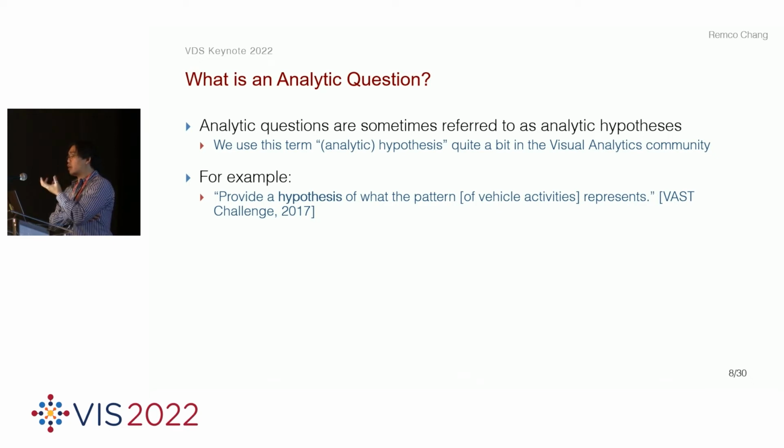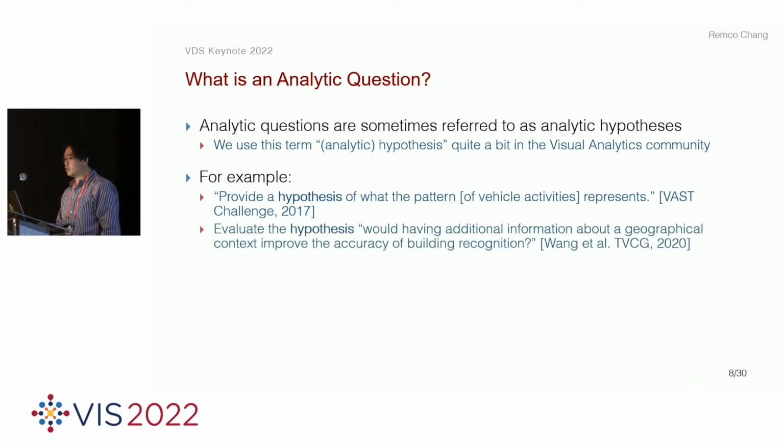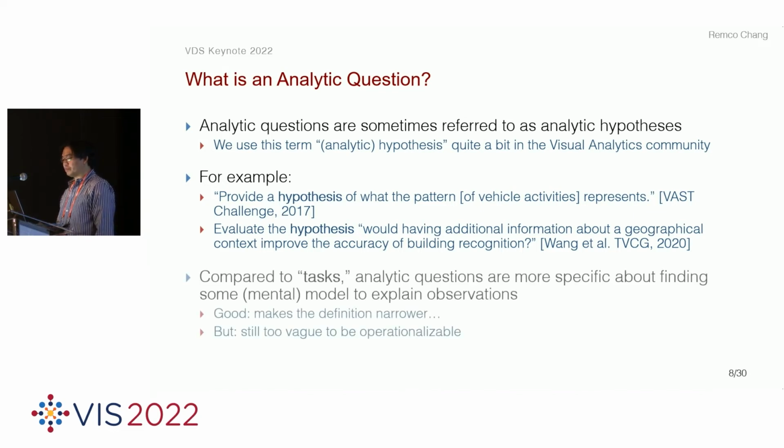So in this context, a hypothesis is almost like a mental model or some sort of understanding. We have a very similar thing from a recent paper where they talked about evaluating the following hypothesis: would adding additional information about a geographical context improve the accuracy of building recognition? Again, here the word hypothesis is meant to be a mental model or some sort of explanation in almost human language kind of way.